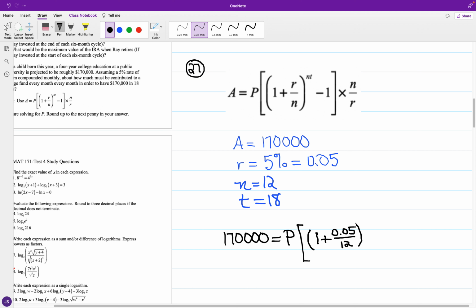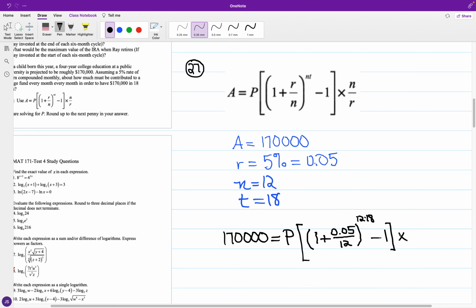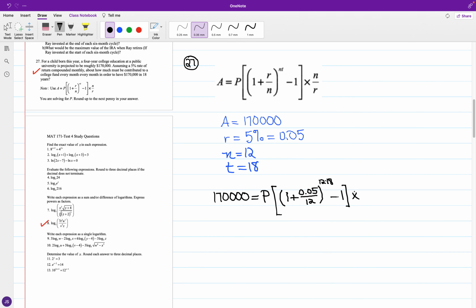Here n is 12, t is 18. And multiplying by n over r, n is 12, r is 0.05.